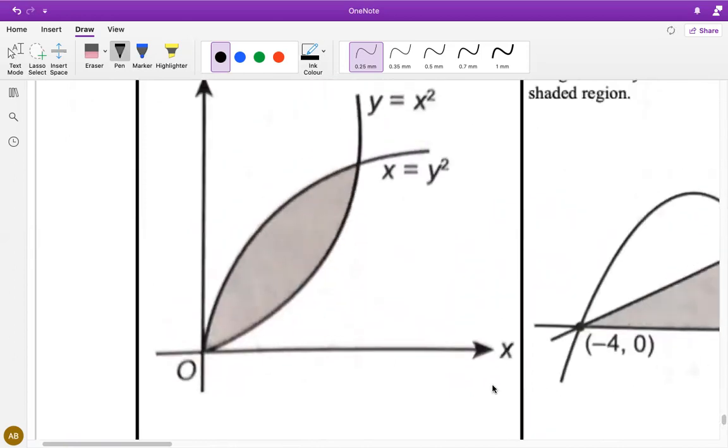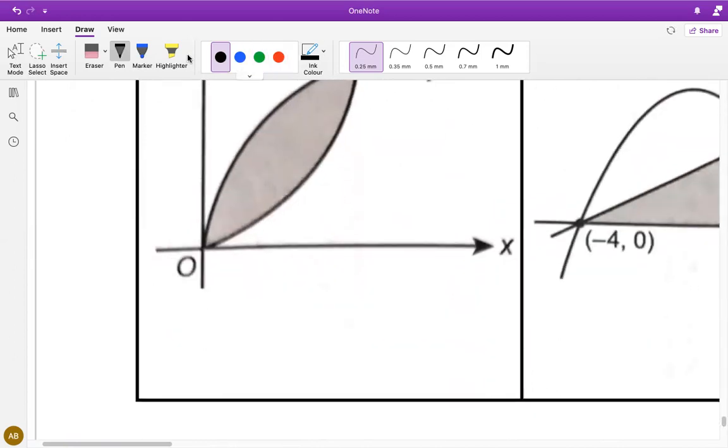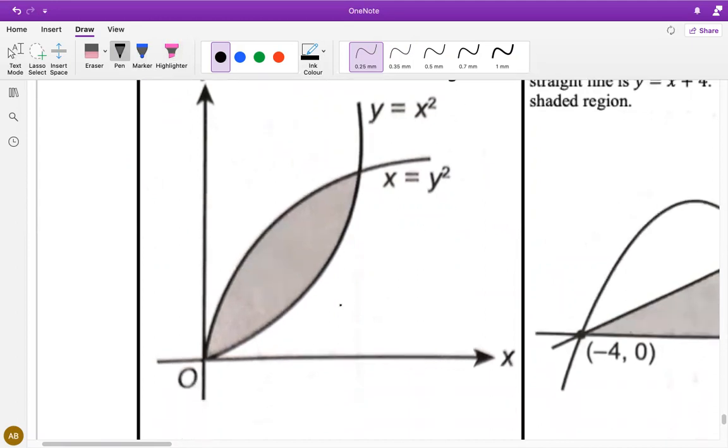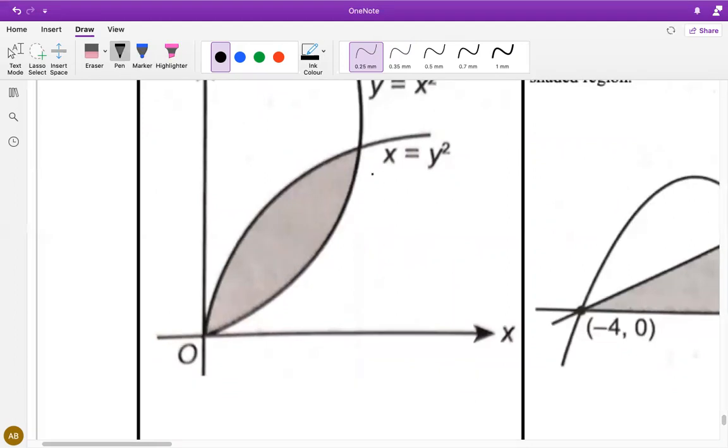So how about this? Okay, you can try to do this question. For B, the answer using the curve is 1 over 3. Very simple. First thing, you need to know what is the x value. Either one also can.